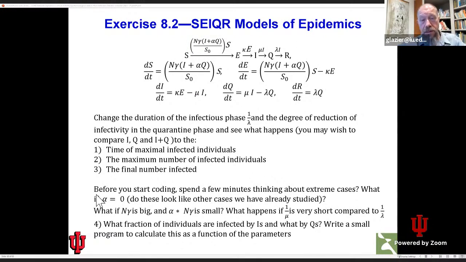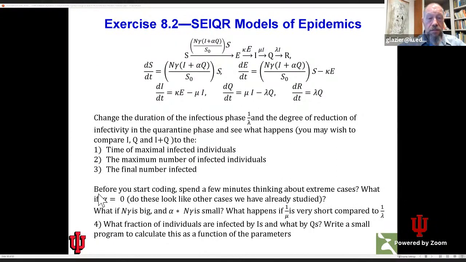In particular, as I mentioned, for COVID, effectively the people stay infectious in that I phase for about 4 days. If I fit a raw SIR model, I get the infectious phase lasts about 4 days, and that would mean mu was about 1/4. Lambda would be about 1/14.